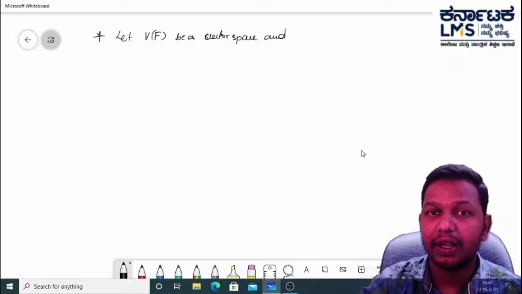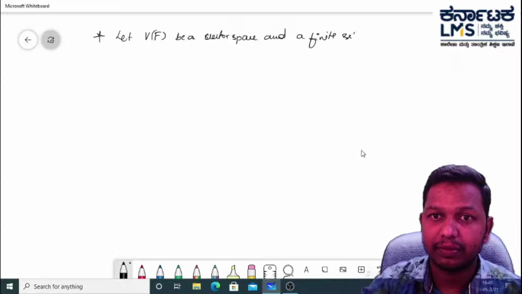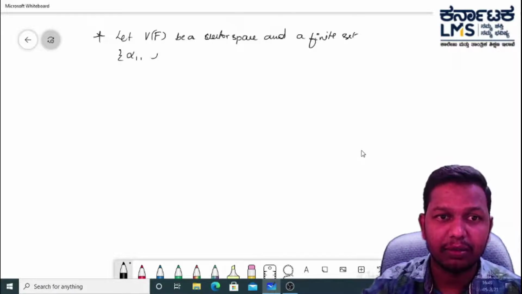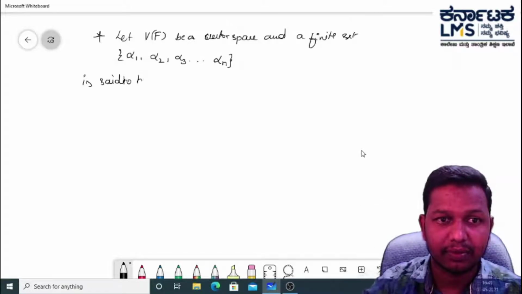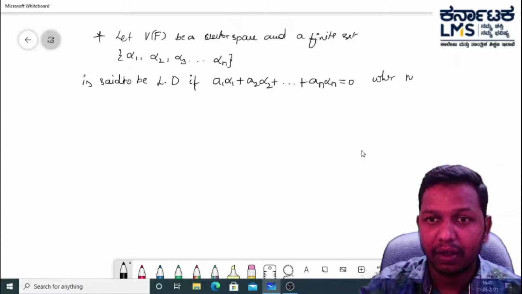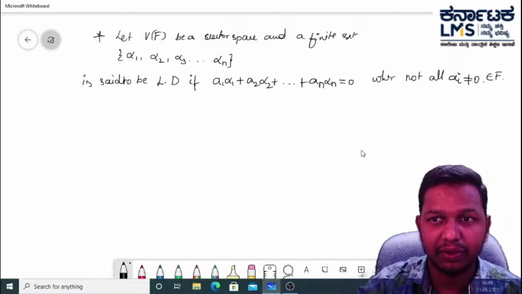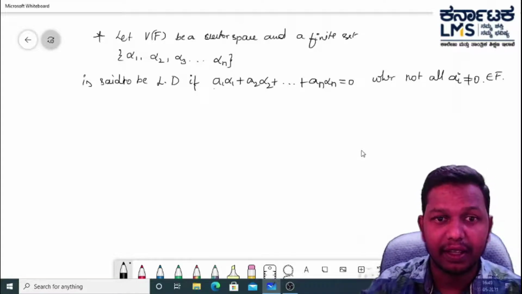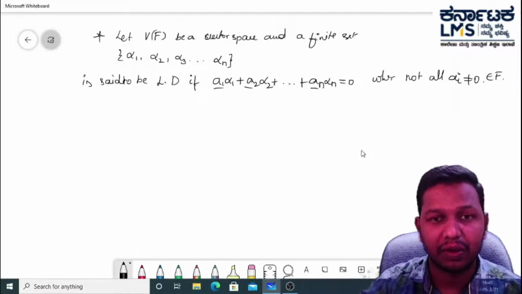and a finite set alpha 1, alpha 2, alpha 3 and so on alpha n is said to be linearly dependent if a1 alpha 1 plus a2 alpha 2 plus and so on an alpha n equals 0, where not all ai's are equal to 0, ai belongs to F. That means the scalars are not all zeros.